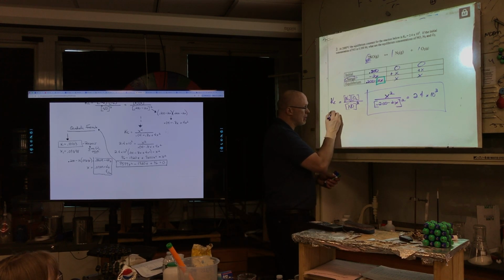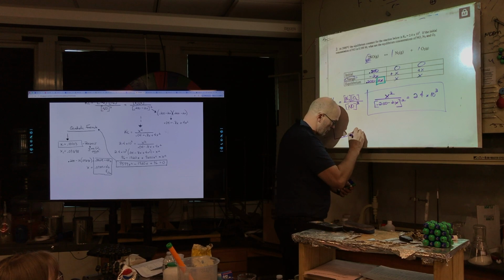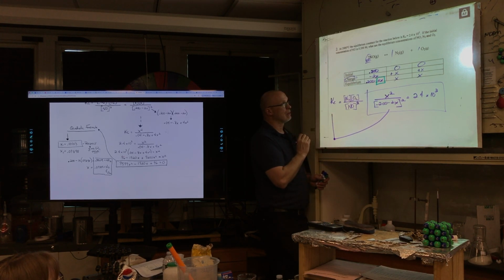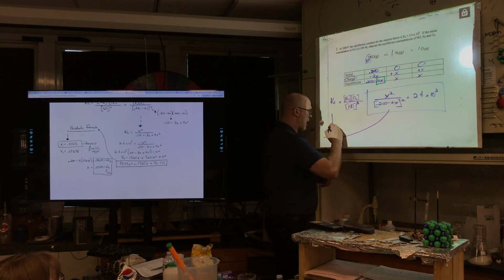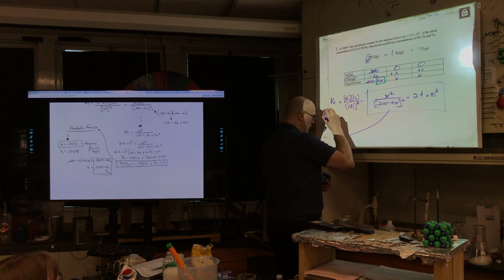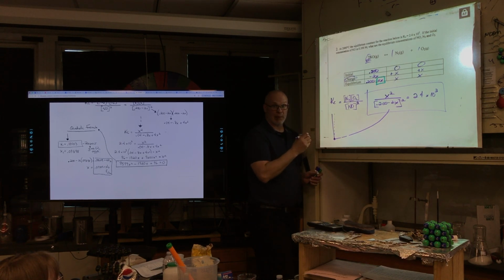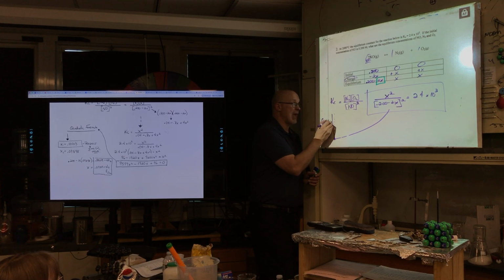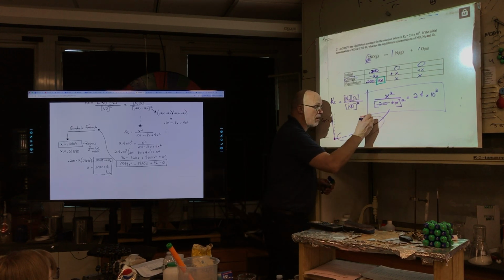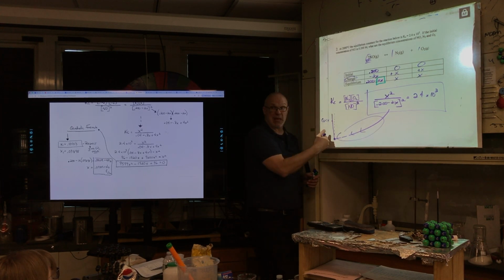If the K's are really small, the Ksp's, how much is it possible to go forward? It's really hard for the Q to be less than K, isn't it? Because that's such a small amount, correct? So we mostly live in this area where we work backwards, precipitation. Okay, does that make sense?